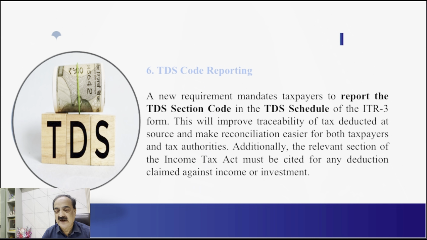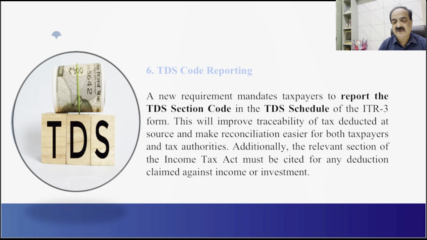Additionally, the relevant section of the Income Tax Act must also be cited for any deduction claimed against income or investment; this is the new requirement. So these are the major 6 changes which have been made in the ITR-3 form for the assessment year 25-26.